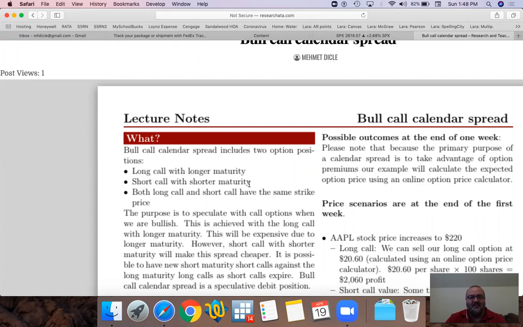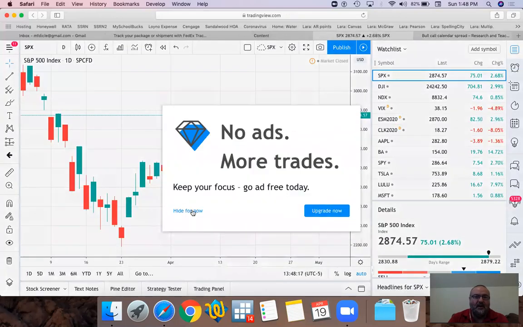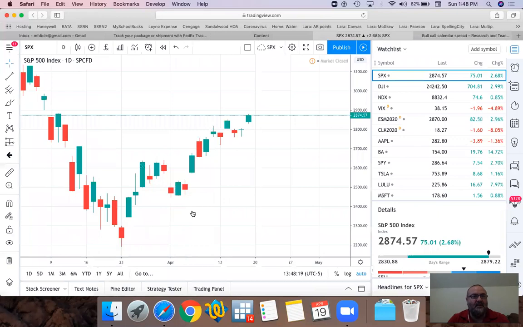The main difference between the calendar spread and our usual vertical spread is that with this calendar spread, your long call has a longer maturity. So let's draw this on our usual technical analysis website, TradingView.